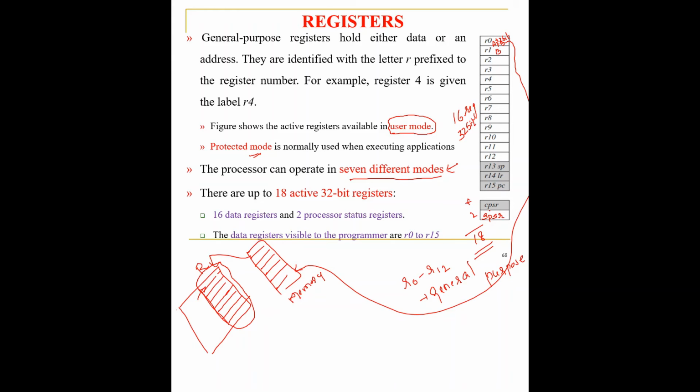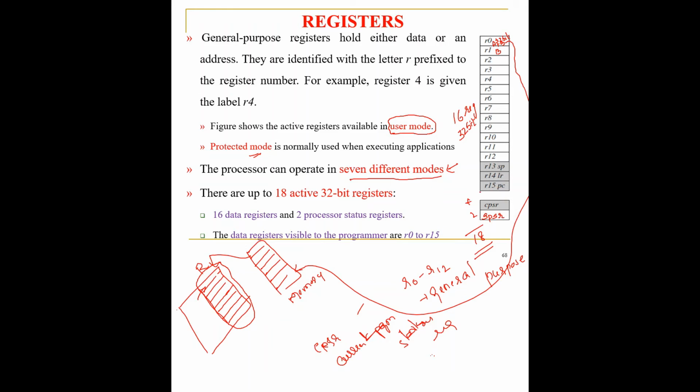CPSR means the current program status register. SPSR is given by the name SPSR. We actually do not use it in the normal modes.